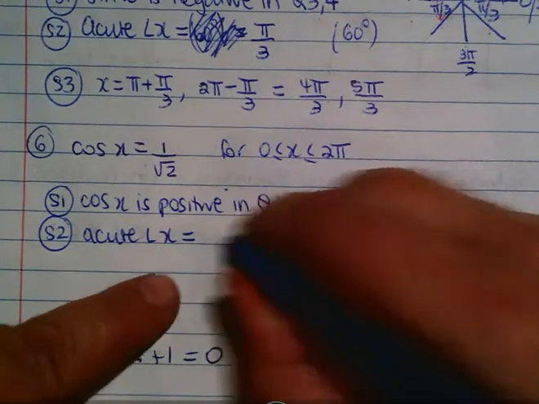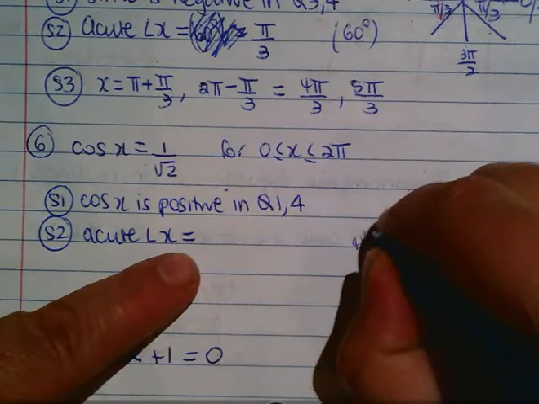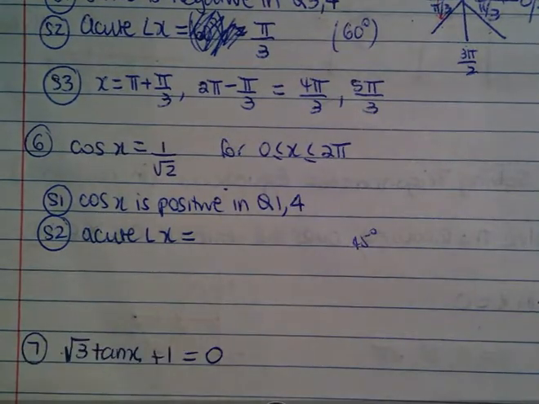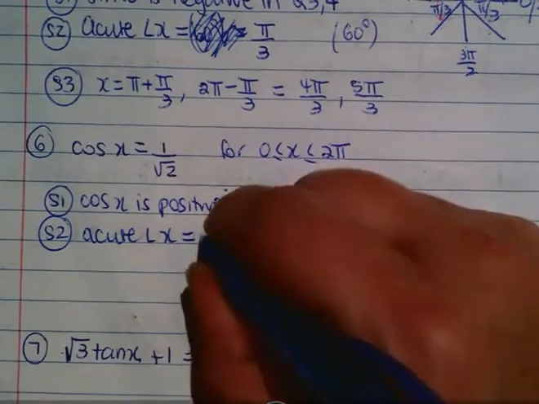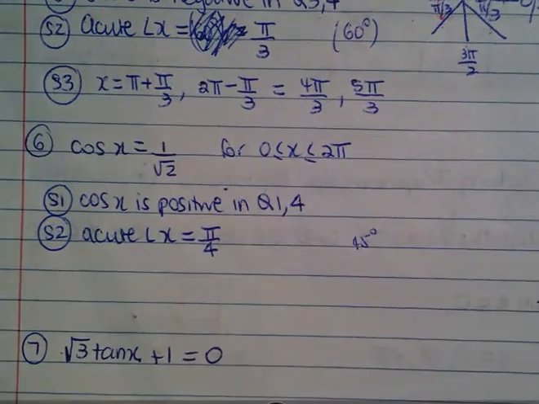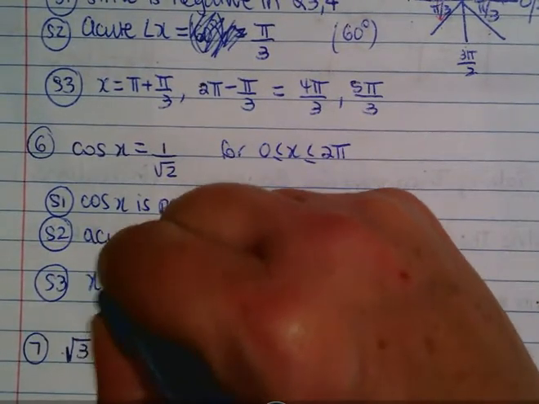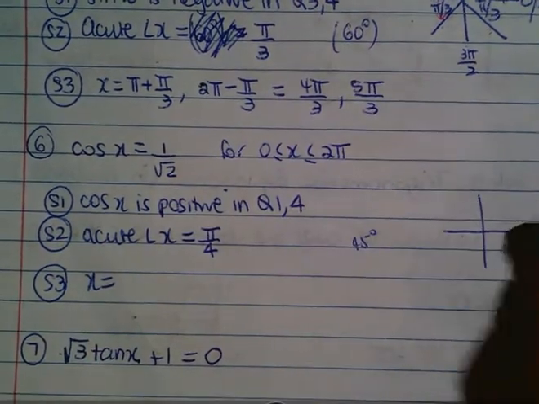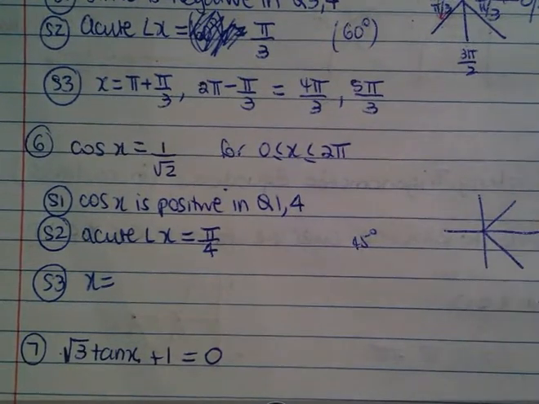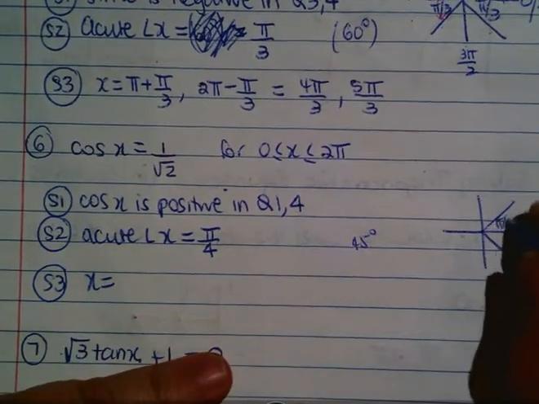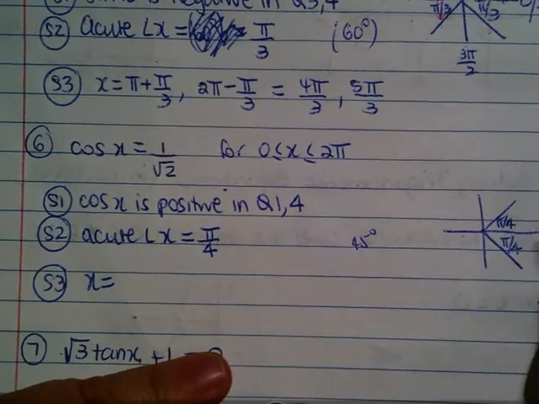Well, it's cos 45 degrees. I'm just going to put that over here. And I know that 45 degrees is pi on 4 because it's 180 divided by 4. So that's my acute angle. And step 3, my solutions. Now I have to sketch it again, remember, quadrant 1 and quadrant 4. And I've got pi on 4 in there instead of 45.